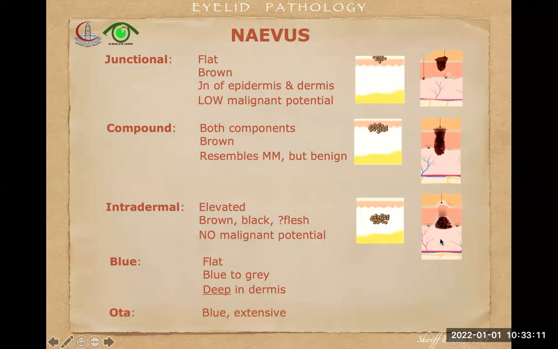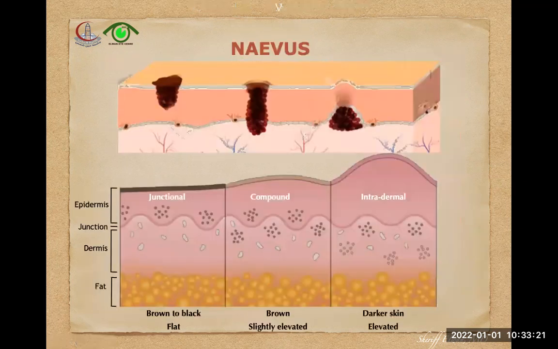And this one is darker and elevated. Flat and not elevated, bluish in color is the blue nevus, and the Ota is the extensive one. So this is the junctional. This is the compound, junctional and dermal, and this is the dermal one.